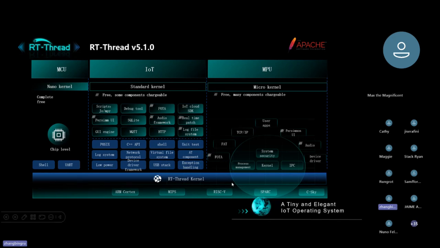In addition, RT Thread also provides a complete user state application development SDK, which supports RT Thread native and POSIX interfaces, making it easy to migrate existing applications or port Linux applications.